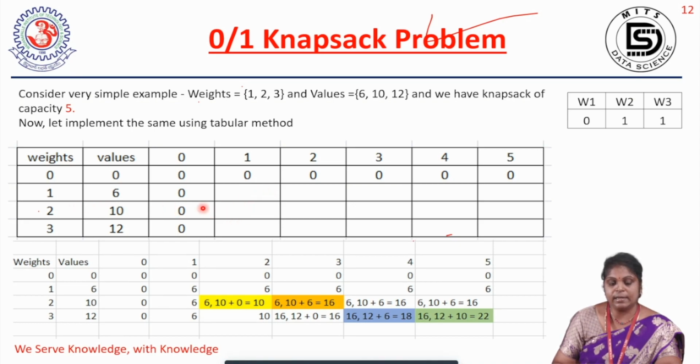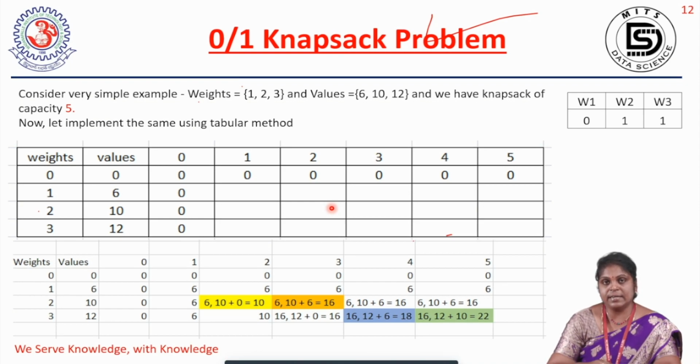If you see the 2 comma 2 entry, what does the 2 comma 2 entry mean? Here I have two items. Item 1 is there, item 2 is there, and the bag size is also 2 kg. Here I have options. Not two options, three options. What are the three options? I can keep item 1 alone, or I can keep item 2 alone, or I can keep none.